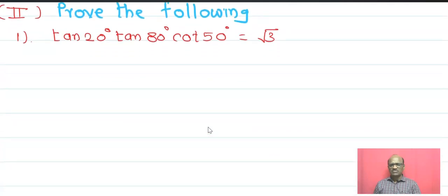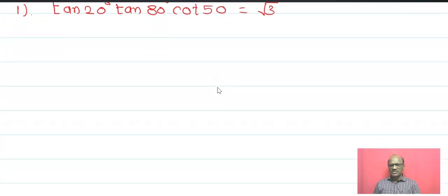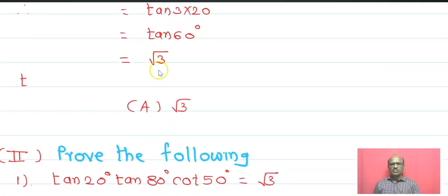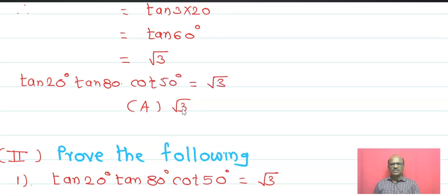It's a very easy question. Just we have completed this type of question. That's why I'm connecting this question to this. Therefore, tan of 20 into tan of 80 into cot of 50 is equals to root 3. You can understand this very simple question.